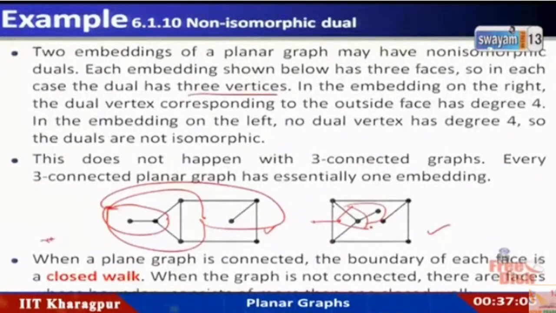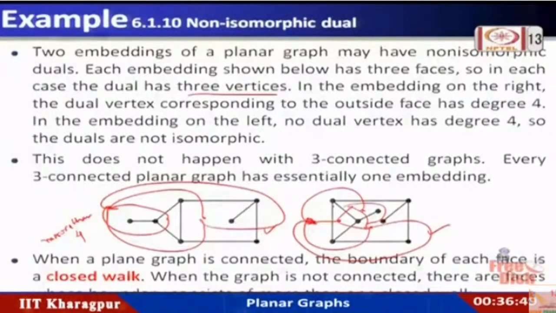It is more than 4, and here the dual will be of degree 4: we have 1, 2, 3 and then 4. So both are non-isomorphic duals, because here the degree is 4 in this dual, and this one has degree more than 4. When a plane graph is connected, the boundary of each face is a closed walk.